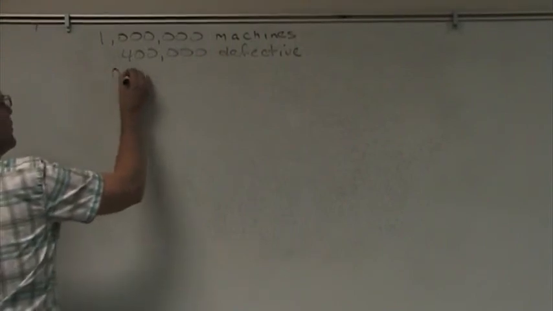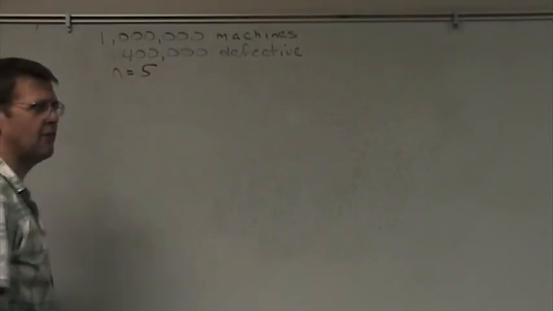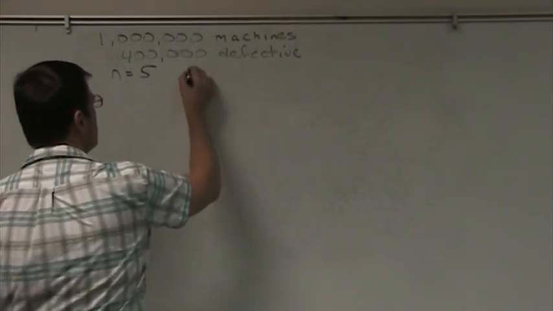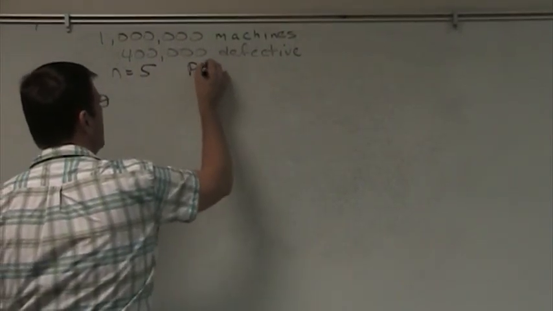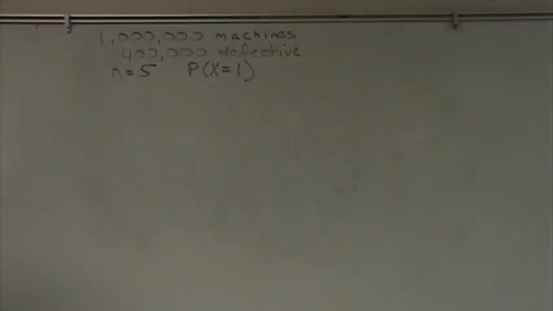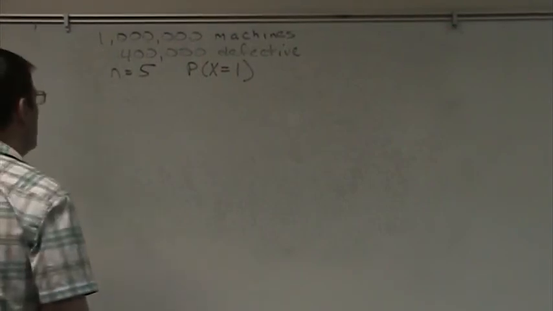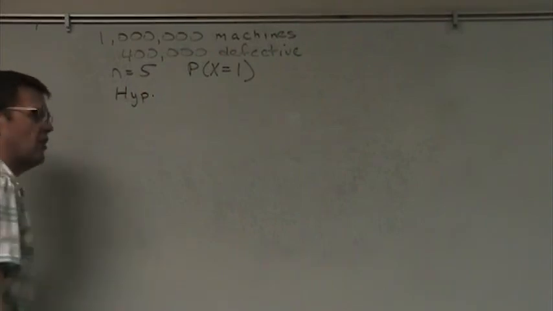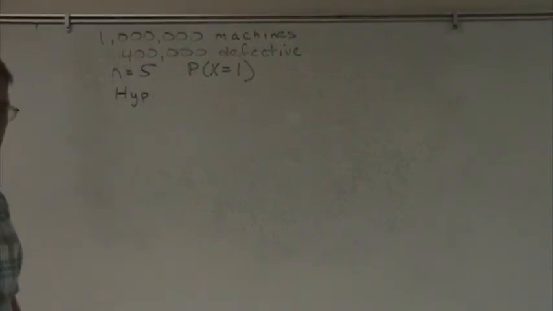So what we're going to do here is we're going to take a sample of 5 of these. And our question here is, what's the probability that we end up having one defective? So, if we're using the hypergeometric, this is going to be the exact probability.